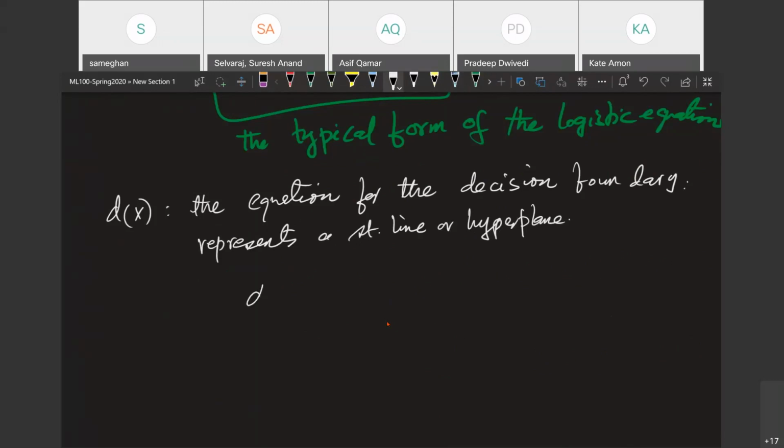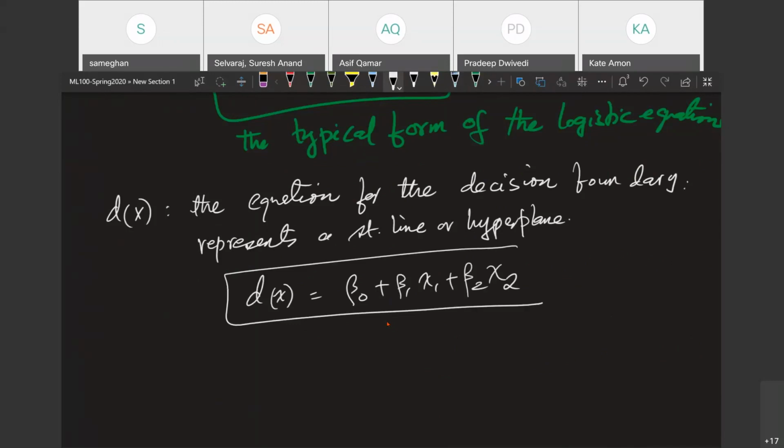So the equation of a straight line obviously is beta naught plus beta 1 x1 plus beta 2 x2. And then you can generalize it to higher dimensions.